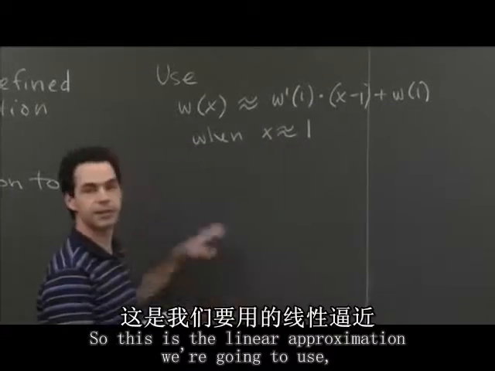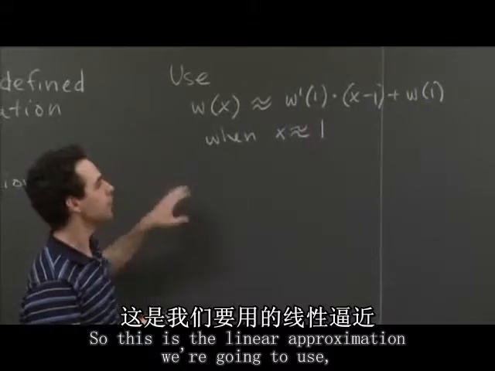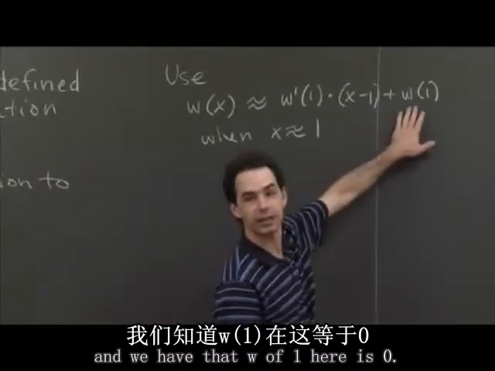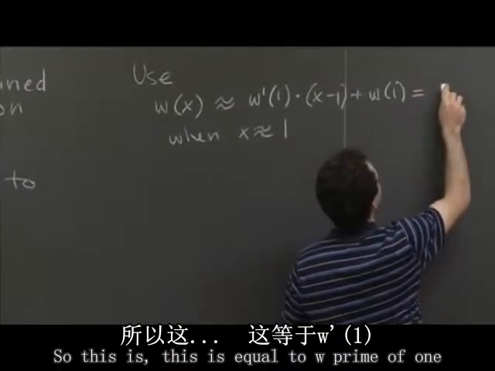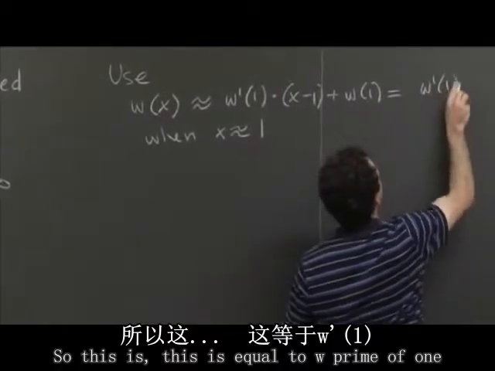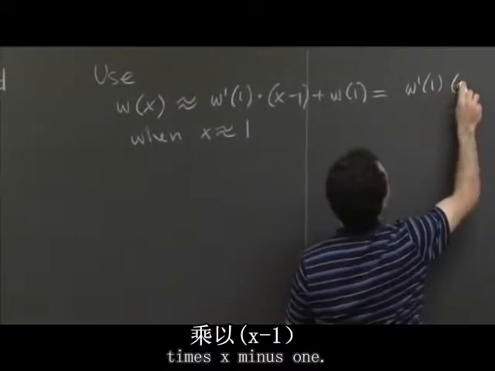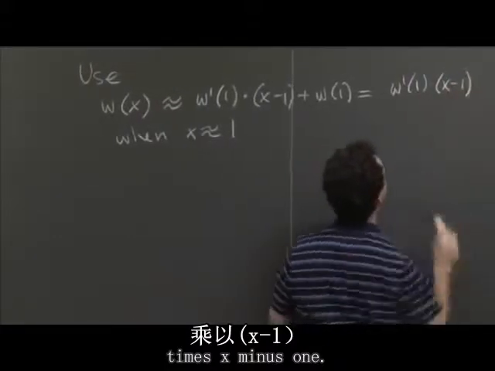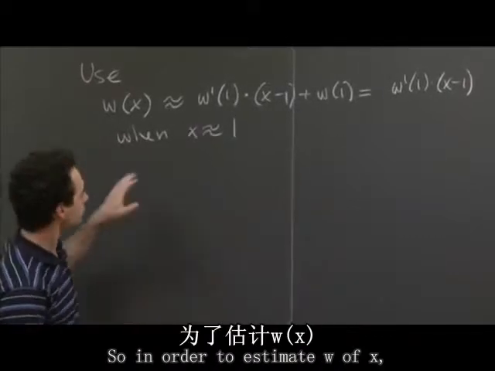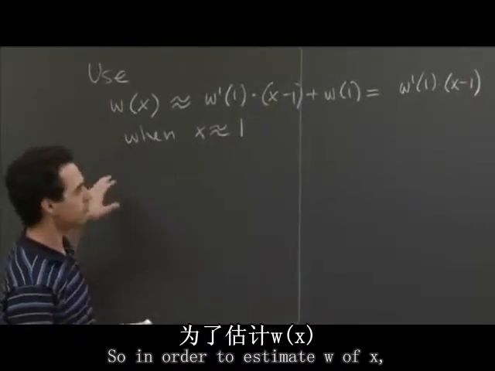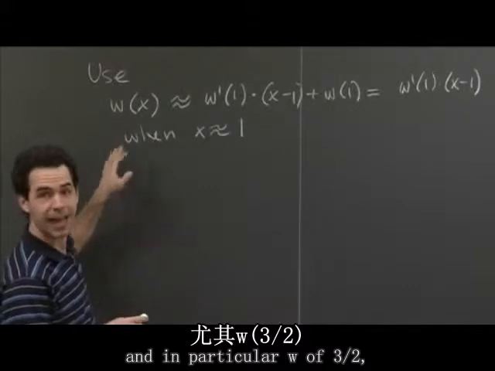We have that w of 1 here is 0, so this is equal to w prime of 1 times x minus 1. The w of 1 is 0, so it just goes away.